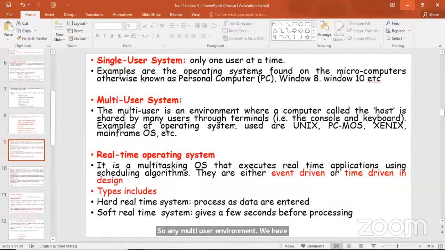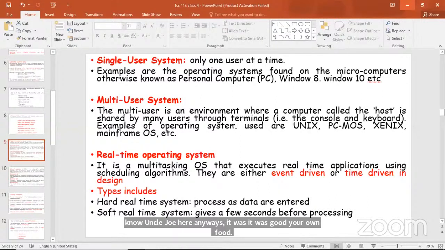And that host, let me use a party example. I'm sure most of you like party jollof rice, right? So if somebody invites you and says, please, I'm having a party this weekend, will you be around? And you say yes. So when you are going to the party, you are not supposed to go there with your own food. Well, in our own culture here, anyways, you're not supposed to go with your own food.